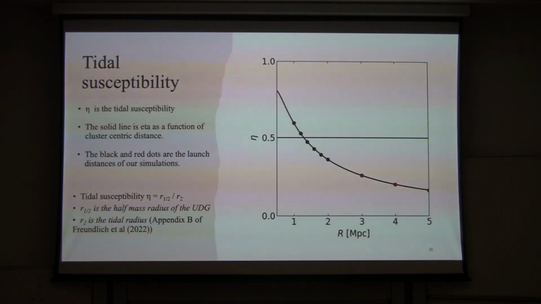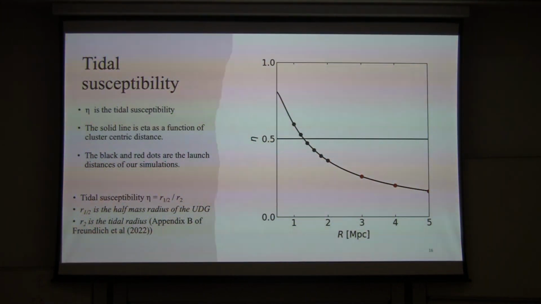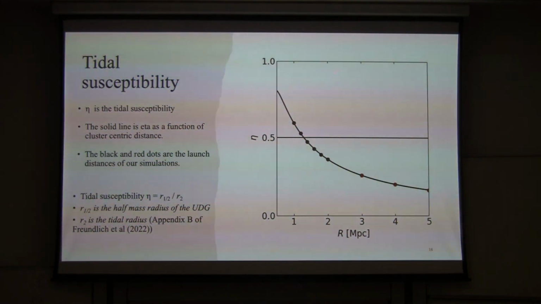Tidal susceptibility. Firstly, this is not a result, but rather a factor that we have to consider. This is the tidal susceptibility for the UDG that we are using, and at 1 megaparsec the tidal susceptibility is quite high. Actually, for all the distances, there is some tidal susceptibility.